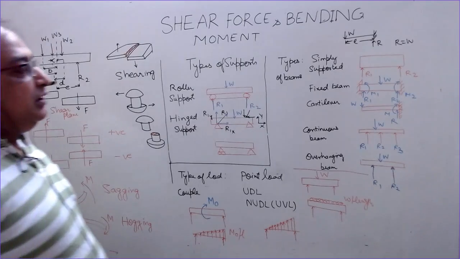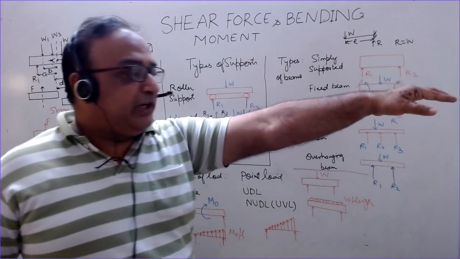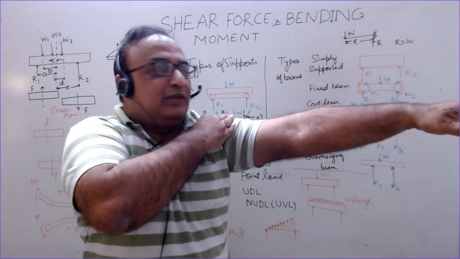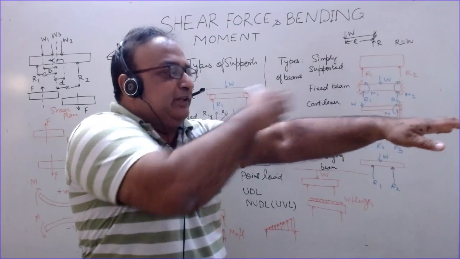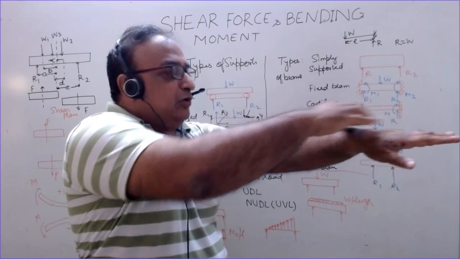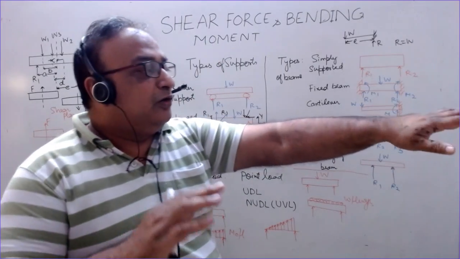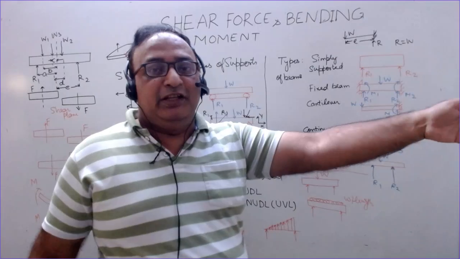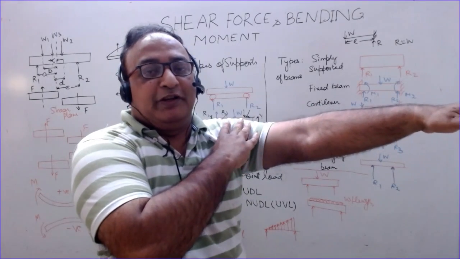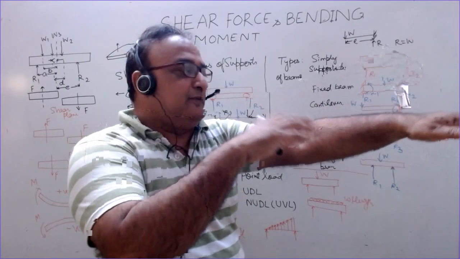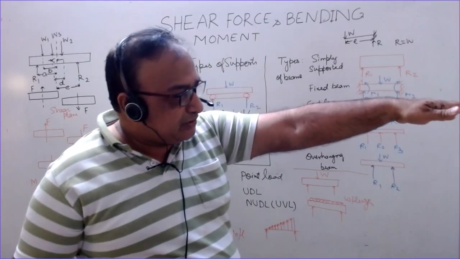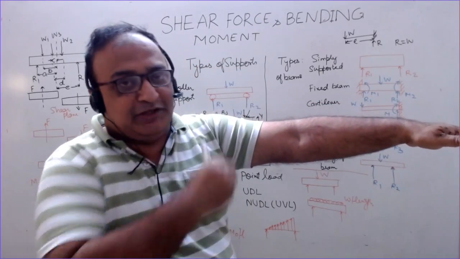And what this load is trying to do, we can understand by taking the example of our hand. If I put a weight here, it may be a point load, a uniformly distributed load, or a non-uniformly distributed load. The resultant acts at the center of gravity of the load. So consider a point load here. This load is trying to move my hand in the downward direction.